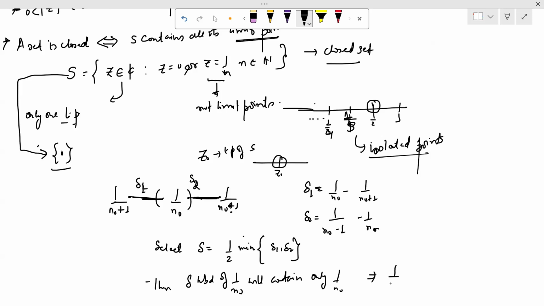It implies 1 upon n naught cannot be a limit point. Because in order to qualify as a limit point, every neighborhood about 1 upon n naught must contain points other than 1 upon n naught. But I have defined a neighborhood where you will only find 1 upon n naught and no other points. Is that fine?